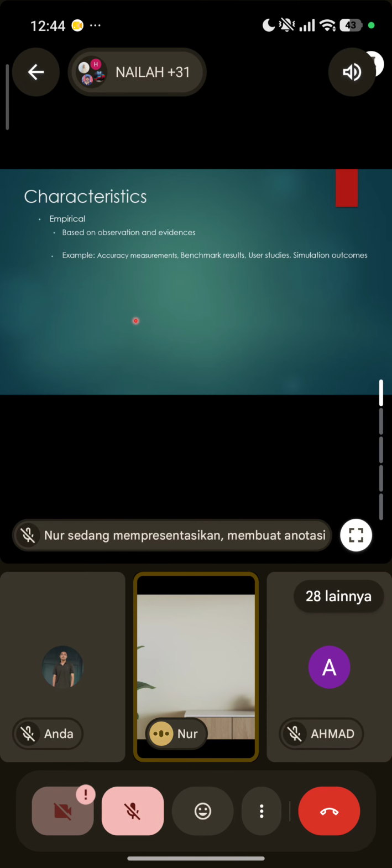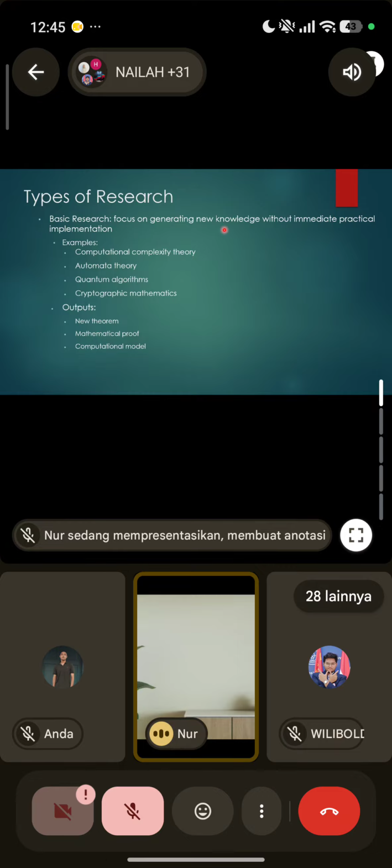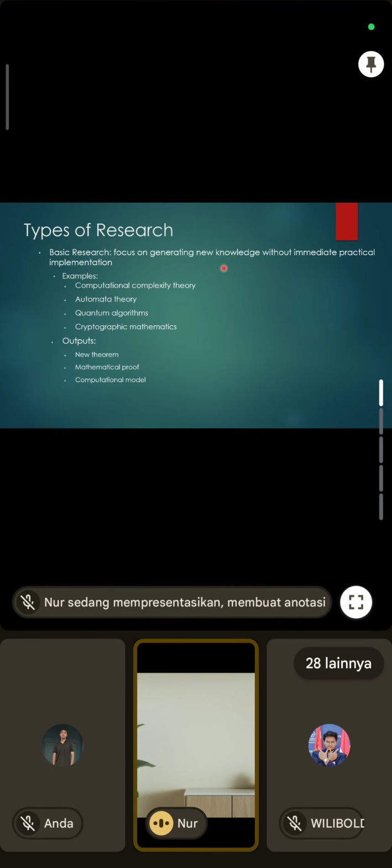Somebody? Basic research means that the research will focus on generating new knowledge, without considering the impacts of this new knowledge on practical things.